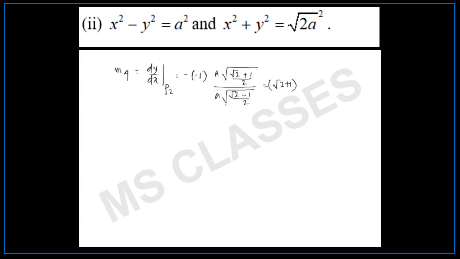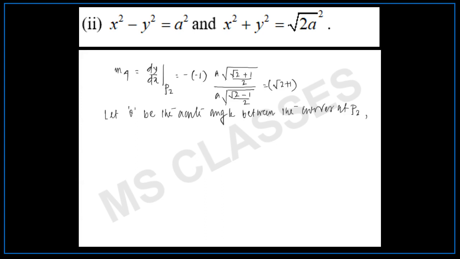Now, let us assume the angle between the two tangents to be theta. Let theta be the acute angle between the curves at P2.